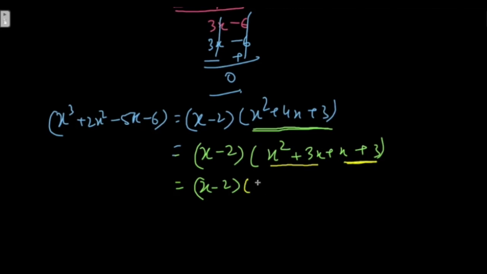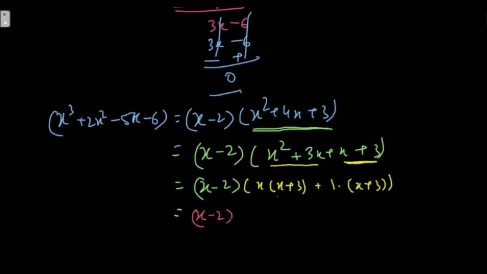Let me show how does it look. Take x common, so we are left with x plus 3, and we can always write this as 1 into x plus 3, right? Any number or any value multiplied by 1, it remains unchanged. So, x minus 2 continues to be here.